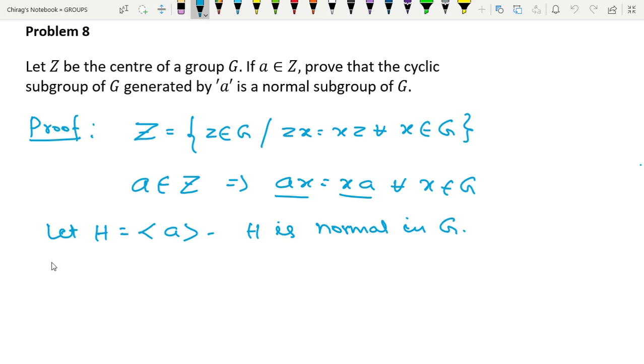Now let x belong to G and h belong to capital H. Then h will be equal to a to the power n, where n is any integer.